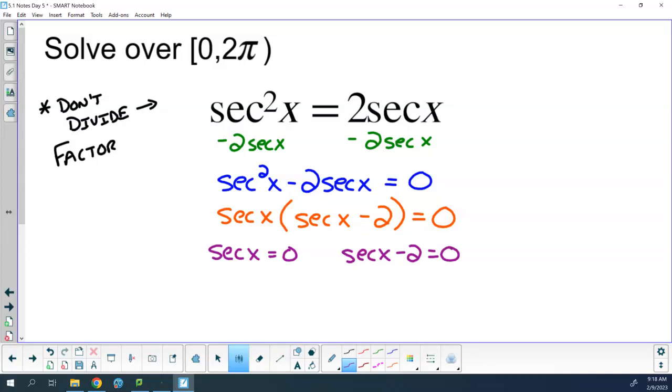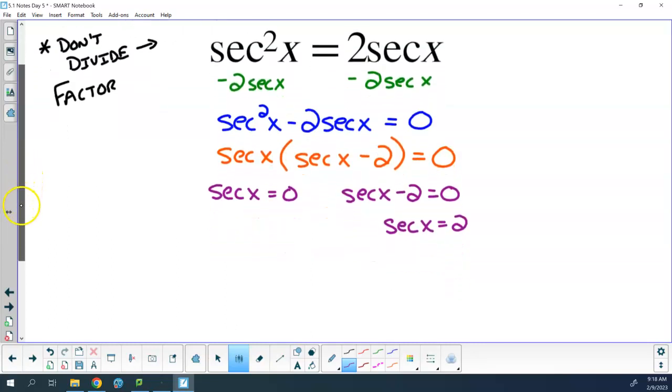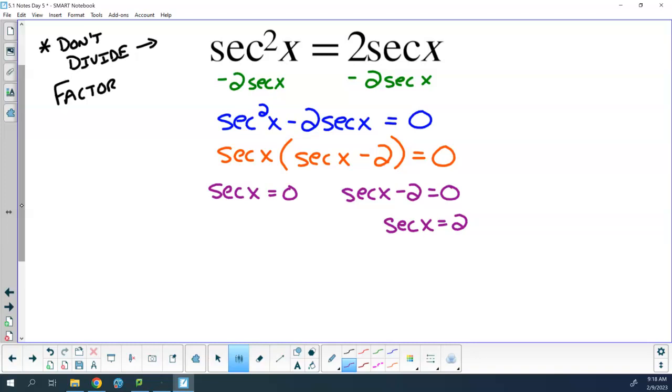And I solve those. Secant of x equals 0, secant of x equals 2. Okay. Now, I've got to ask myself, where secant is what again? 1 over cosine.